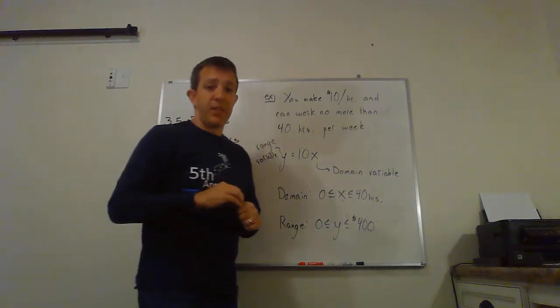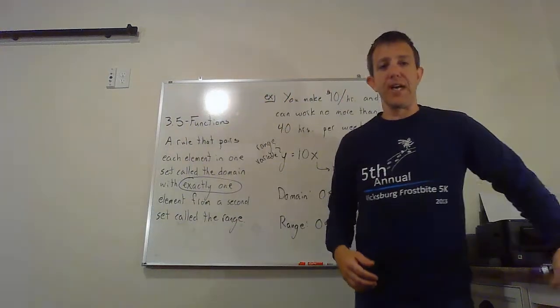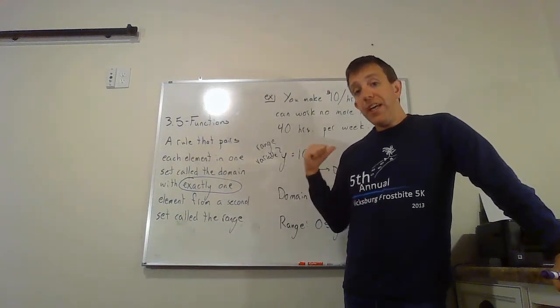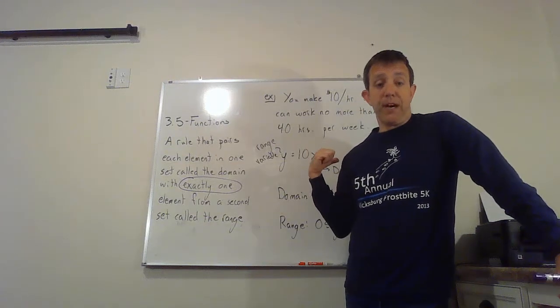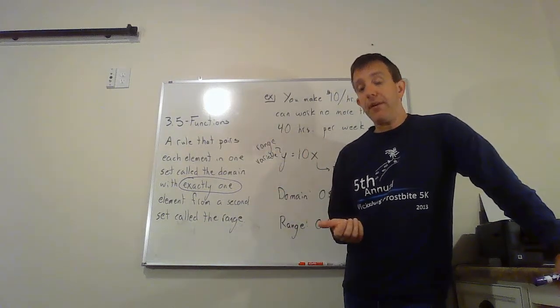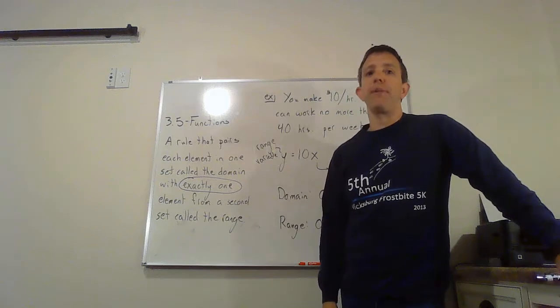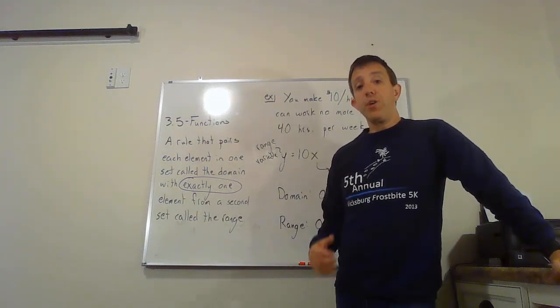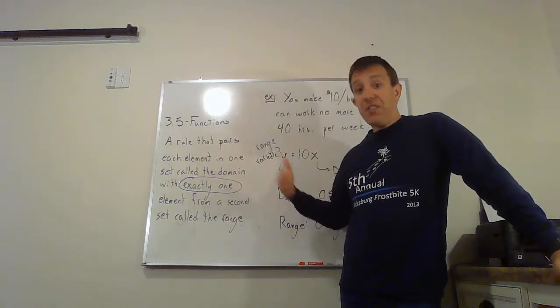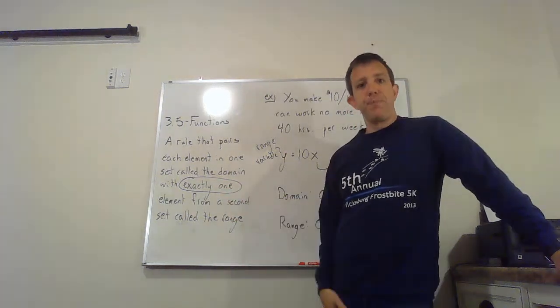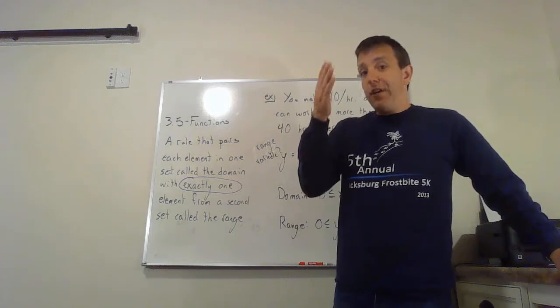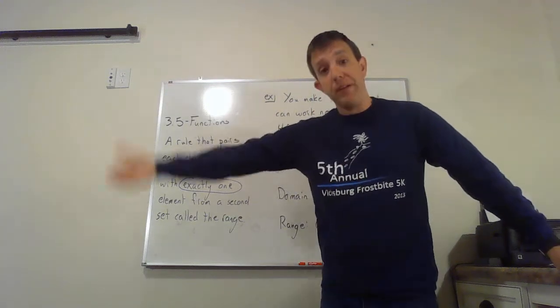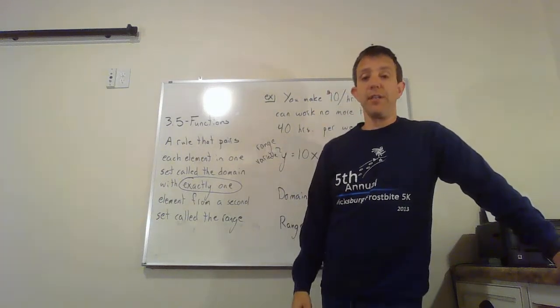Okay, here's kind of where we're going with this, "exactly one." If you work some number of hours, you expect to get paid. Right? There is going to be money coming for you whenever your paycheck shows up. So you expect that there is something that your domain variable is paired up with, right? If you work 10 hours, you expect to make $100.